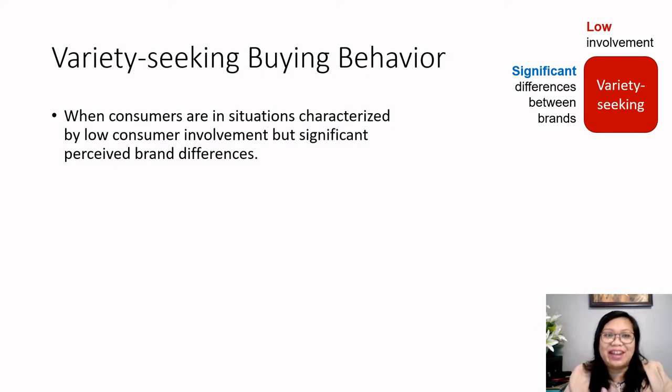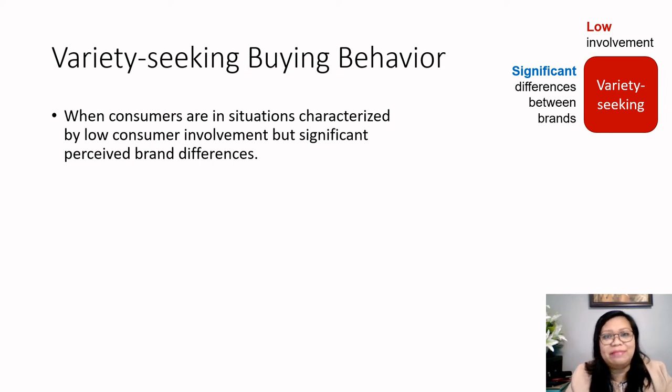Consumers demonstrate variety-seeking buying behavior in situations characterized by low consumer involvement but significant perceived brand differences. In such cases, consumers often do a lot of brand switching. For example, when buying cookies, a consumer may hold some beliefs, choose a cookie brand without much evaluation, and then evaluate that brand during consumption.